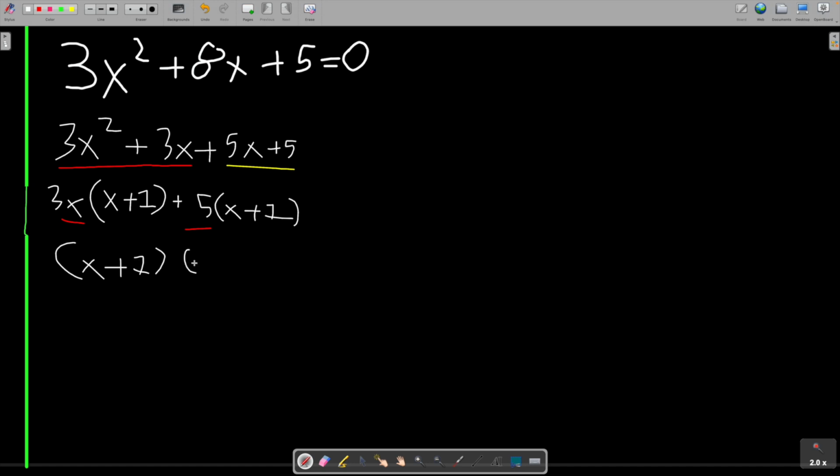So we're going to have x plus 1 times 3x plus 5. So now we've completely factored this by factoring by grouping. The final step we must do is to use the zero product property and find the values of x.